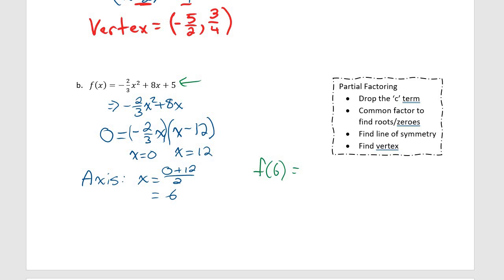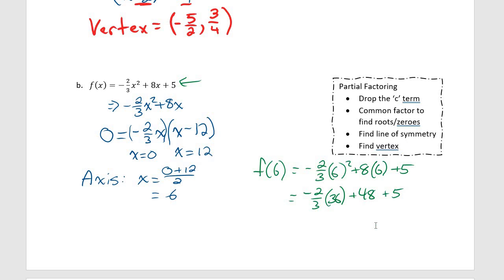Now that we have the axis, we use the original equation. So this will be negative 2 over 3 times 6 squared plus 8 times 6 plus 5, which is equal to negative 2 over 3 times 36 plus 48 plus 5.